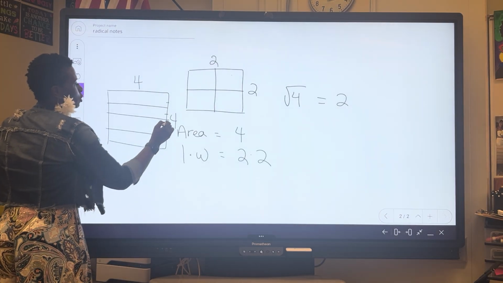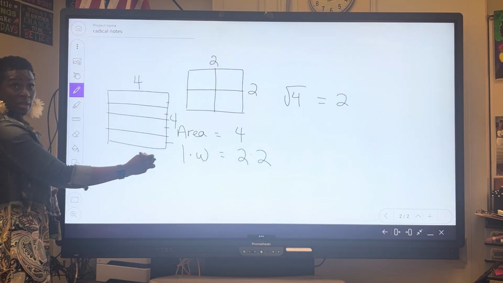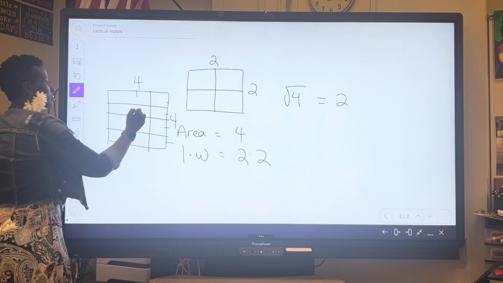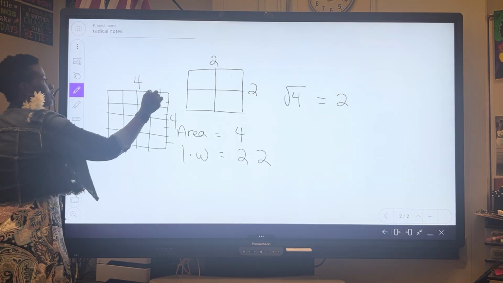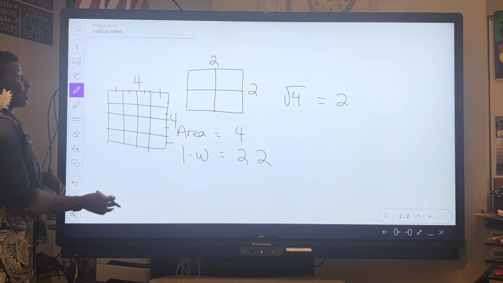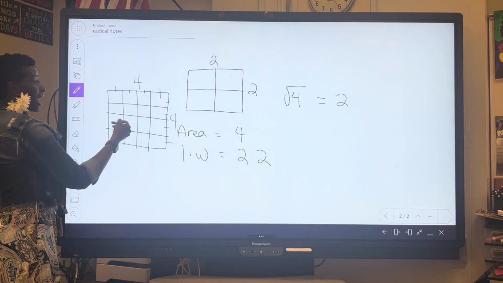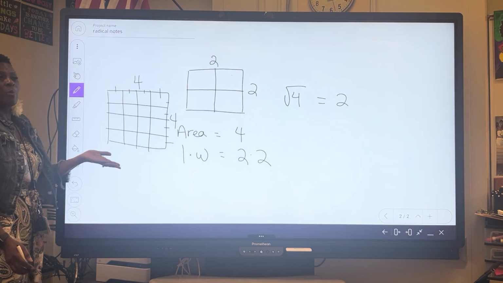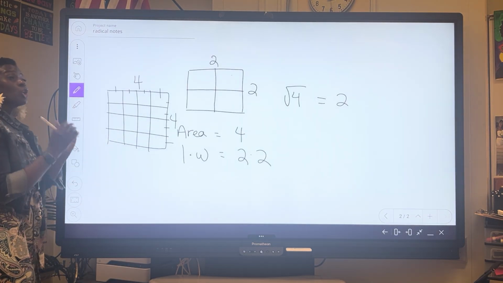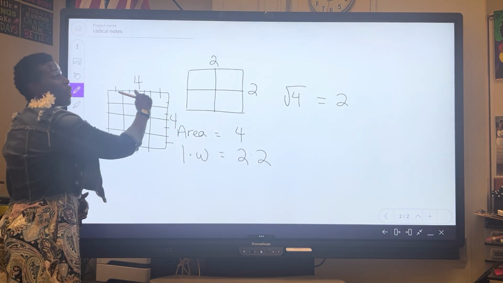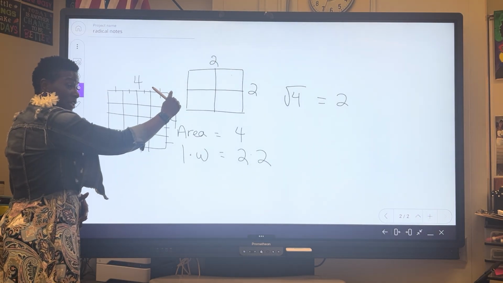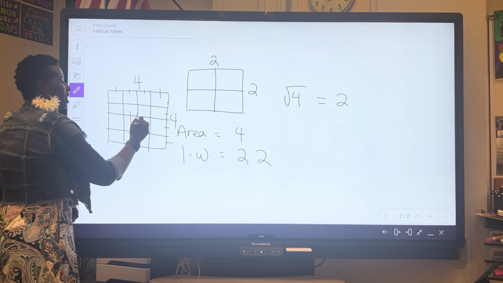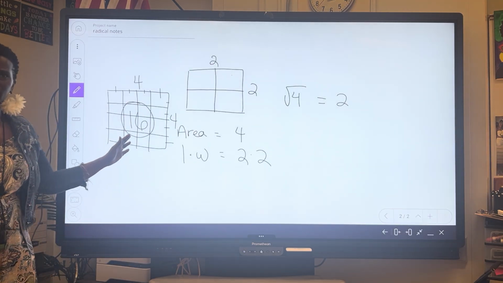This is 1, 2, 3, 4. Y'all with me? This is 1, 2, 3, what? 4. So how many do we got all together? 4, 8, 12, 16. But the easy way to get that is 4 times 4. So if you give me a side of 4 on a square, you're going to end up with an area of what? 16. Is everybody following me?